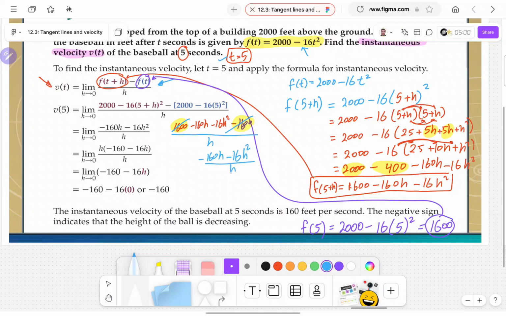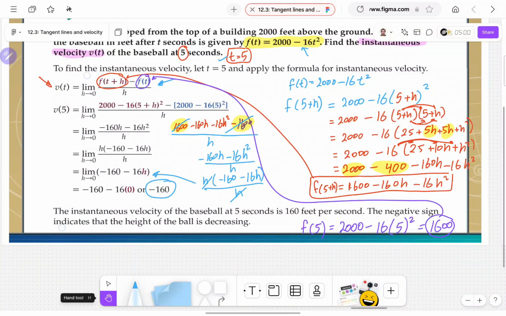So I can take h as a common factor: h times (negative 160 minus 16h), then over h. We cancel this h with this h, and it becomes only negative 160 minus 16h. We replace h with 0, so the final answer is equal to negative 160.